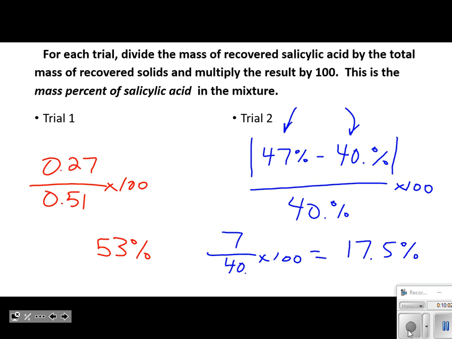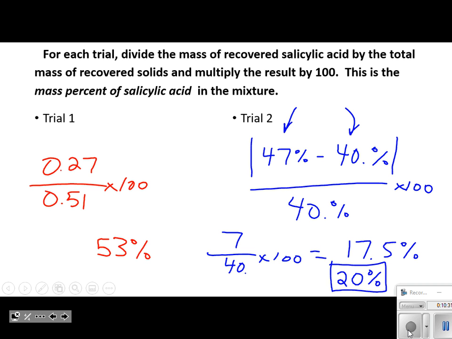So I've got to make that into 1 sig fig. How do I make that into 1 sig fig? What do you think, Tyler? Okay, 7's bigger than 5, so I'm going to round the 1 to 2. 20% with no decimal point. Excellent. So my percent error, based on what I knew I mixed up, was about 20%.